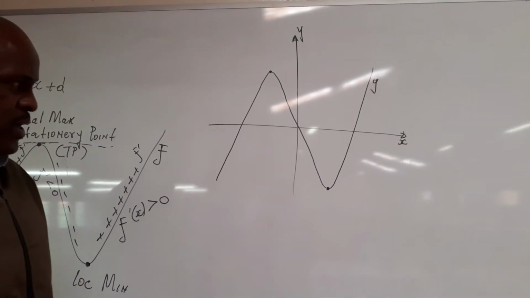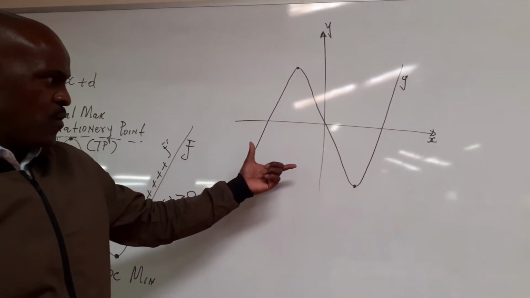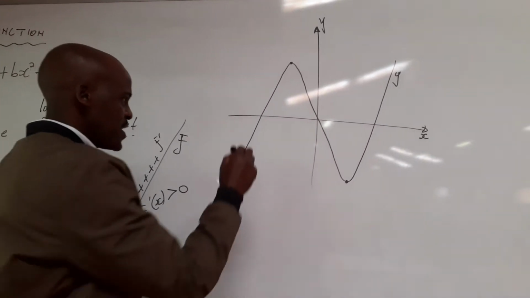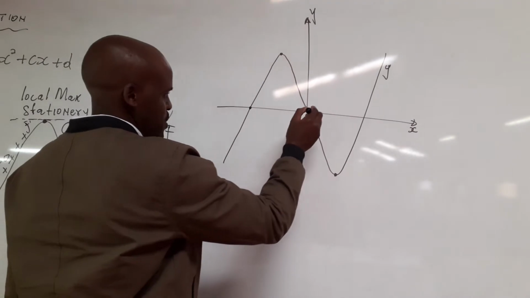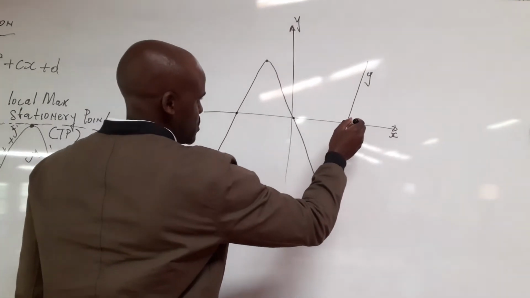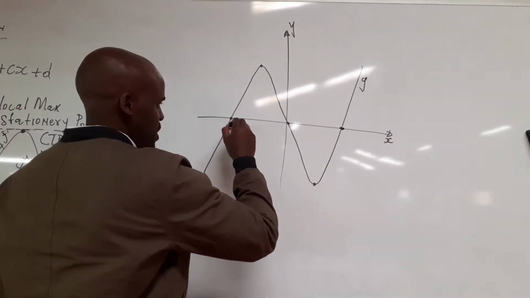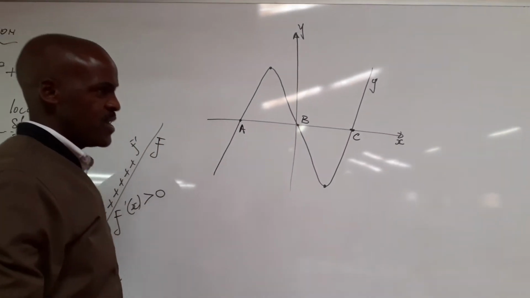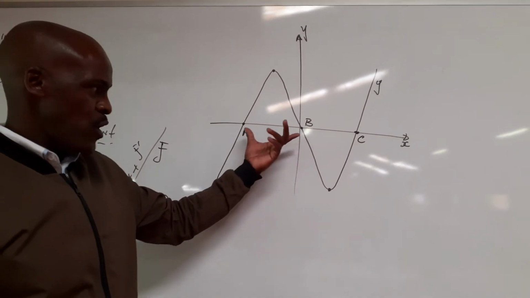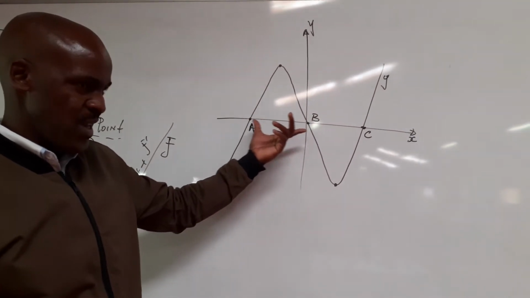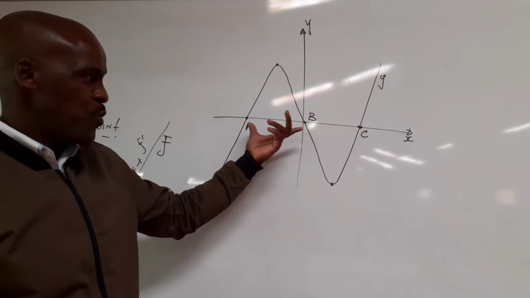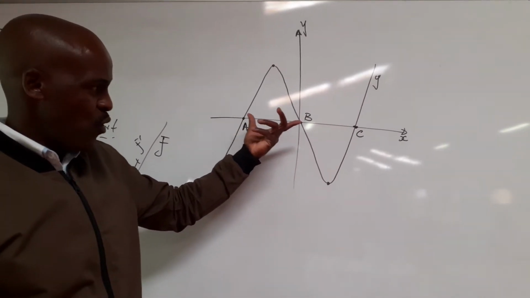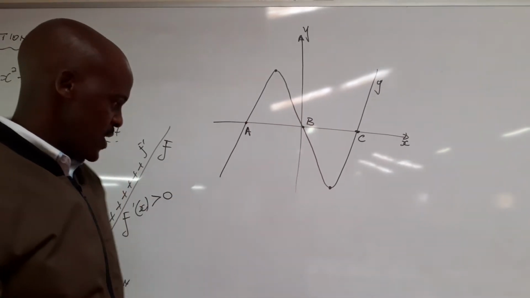When we look here, your graph, in terms of the axes, cuts x there, it also cuts x there, and also at that point. Let's say this is point A, point B, point C. So we've got 3 points where the graph cuts the x-axis. We call those points the x-intercepts, because it's the point where the graph cuts the x-axis.